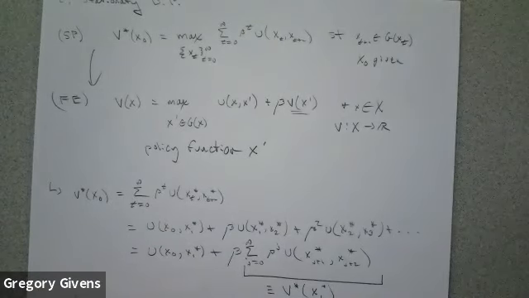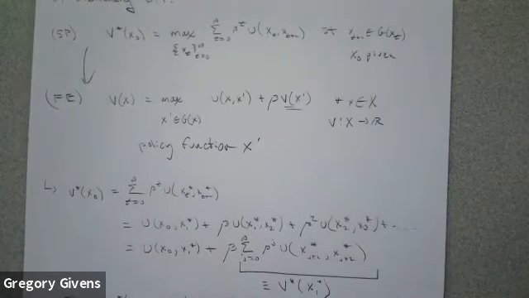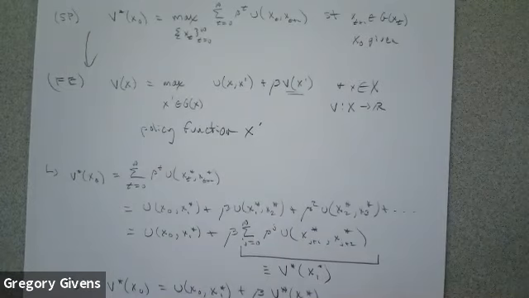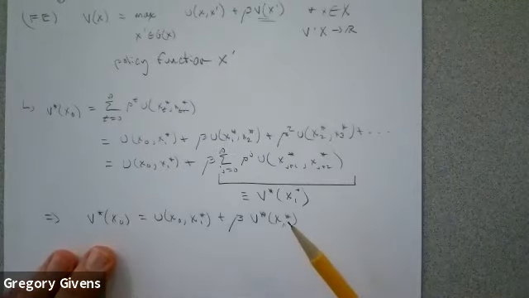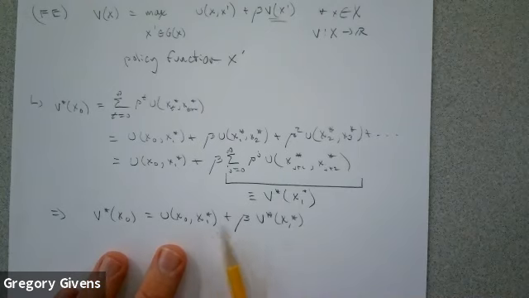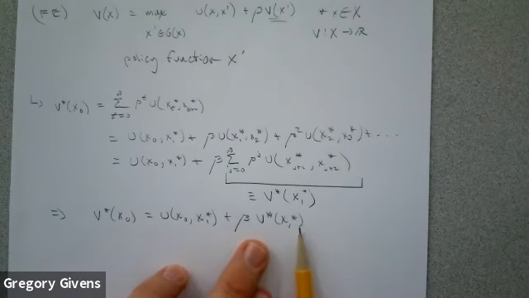So V star of x0 is just u of x0, x1 star, plus beta V star of x1 star. So what have we done? We've taken this maximized sequence problem and we've split it into two components. The optimal value of the current return plus the discounted value of the optimal continuation return.